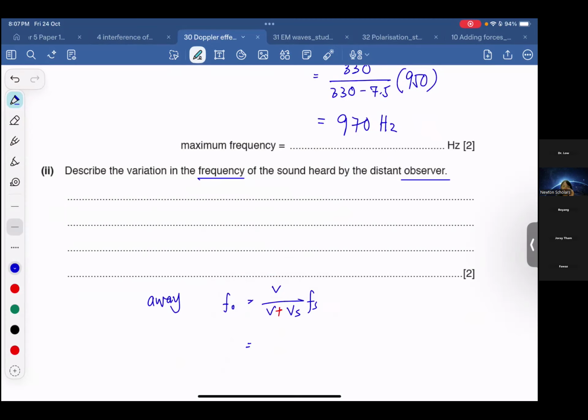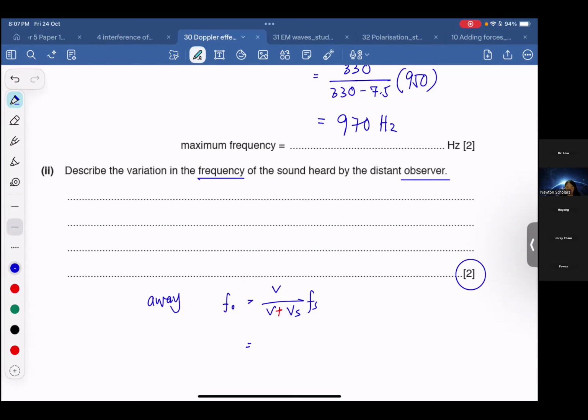Smaller frequency. So what is the value? Fatima correct. Vashini correct. Fawal correct. So first, 2 marks. How do you get the 2 marks? How does the frequency change as observed by the observer?